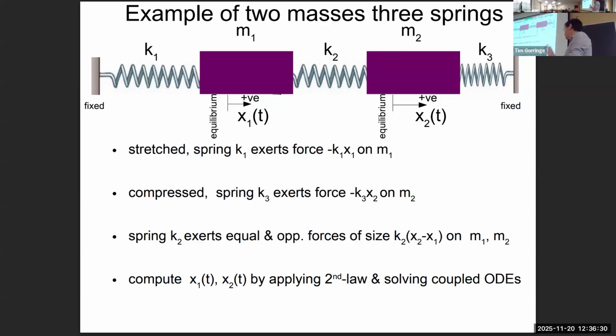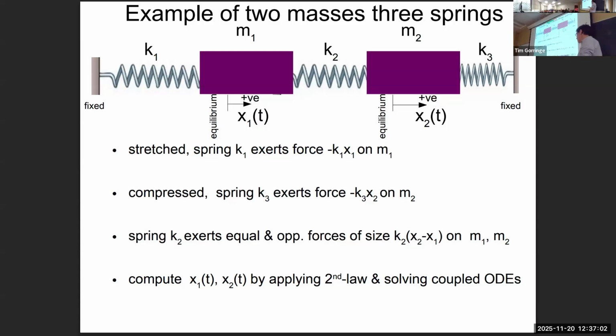On the other hand, for the spring in between the two masses, if we compress or stretch that spring, that's going to create forces that are equal and opposite on the two masses that are attached to it. So the coupling between the motion of the mass on the left and the motion of the mass on the right is through that spring in the middle, called K2.